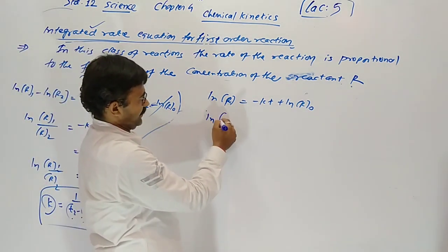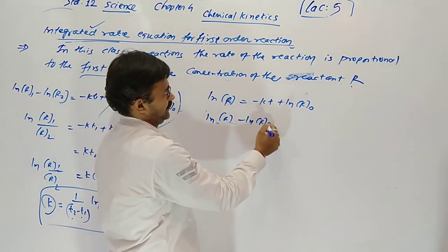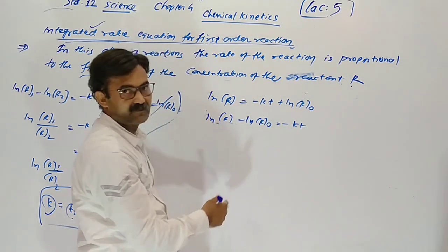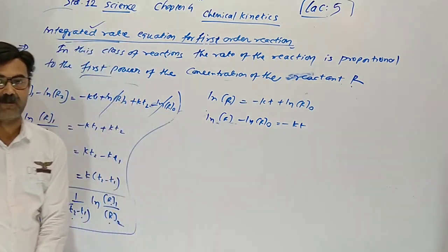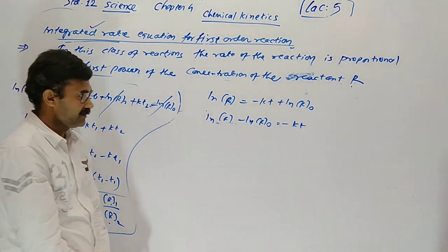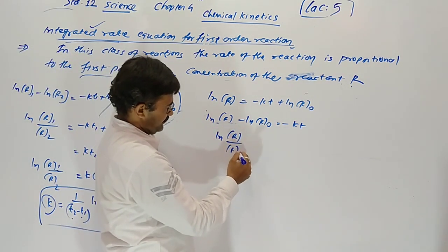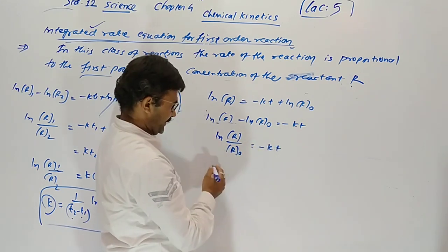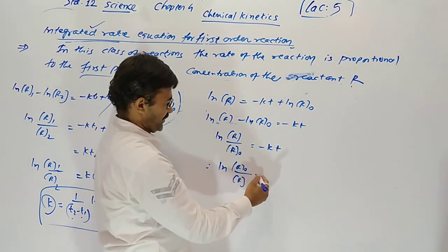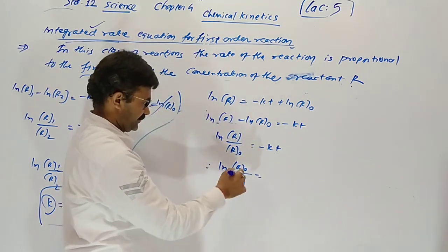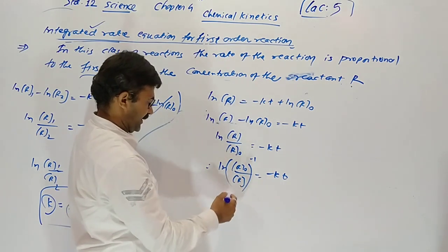So ln R upon ln R minus ln R0. So what we have to do here? So ln R upon R0 is minus KT. We are changing to R0 upon R, so there should be minus. So both side minus cut.